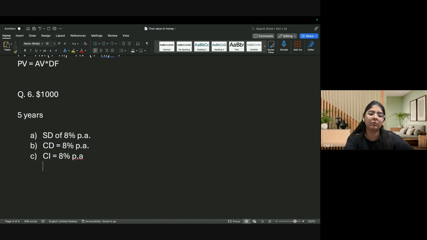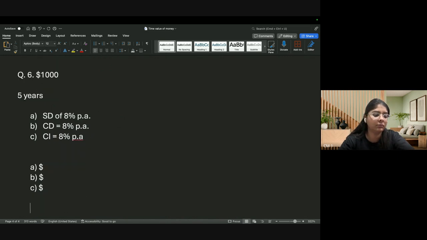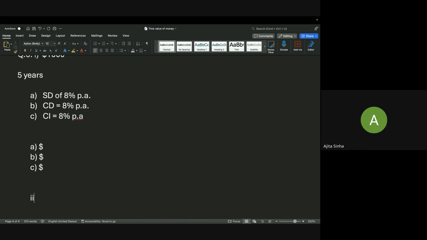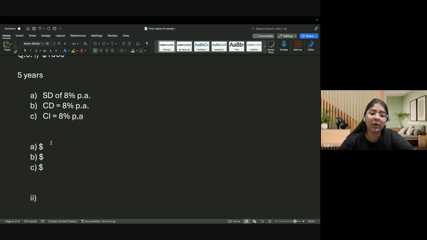Okay, let's do only 3 parts. So the answer of each part will be in dollars. The first part, is it 1400? 1400.